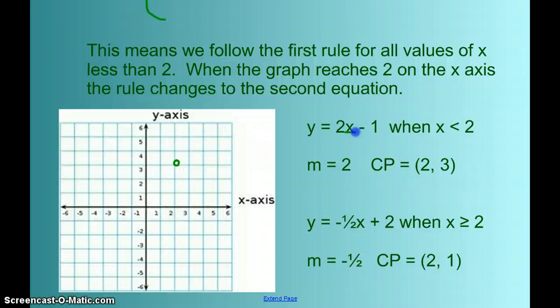Now normally from here, if you were graphing a linear equation, you would start at a point and apply your slope. You would go up 2 over 1 and draw in your line. The problem with that is this is a piecewise function. Our graph doesn't go to the right because we're only graphing that rule, y equals 2x minus 1, when x is less than 2. In other words, we have to go to the left.